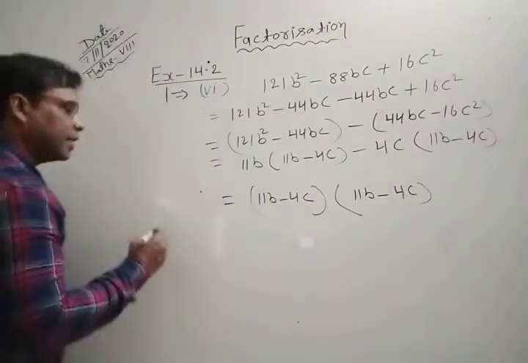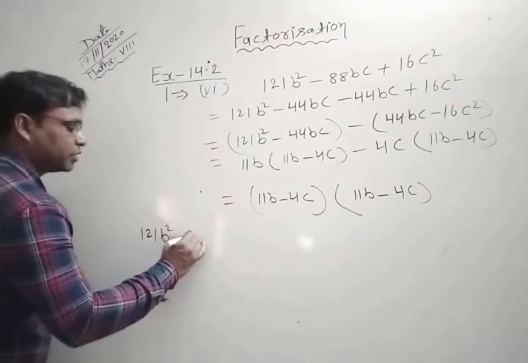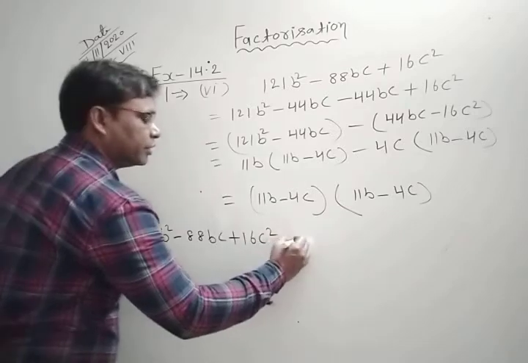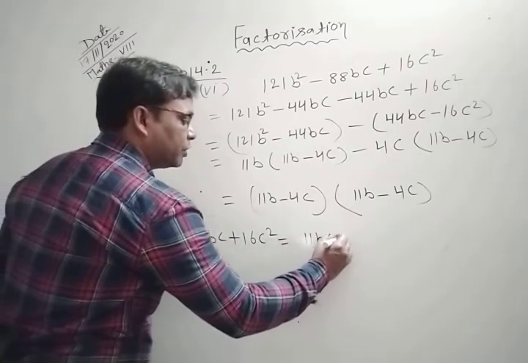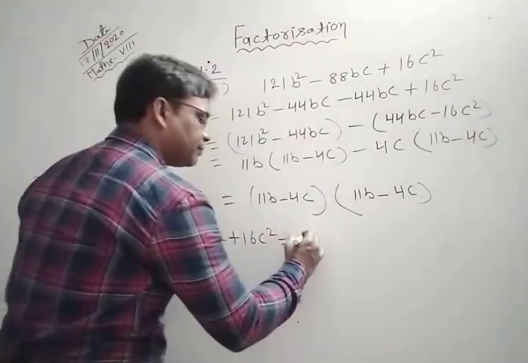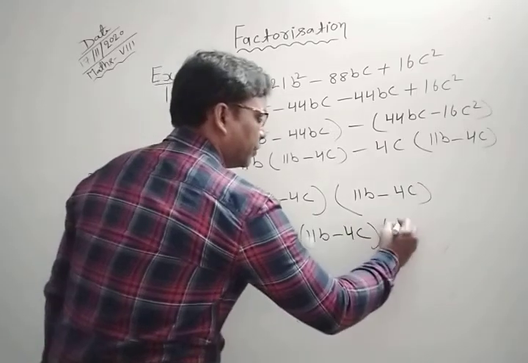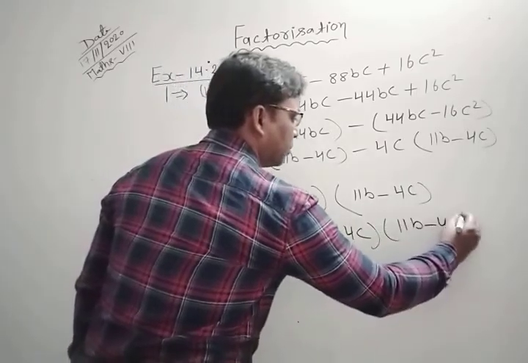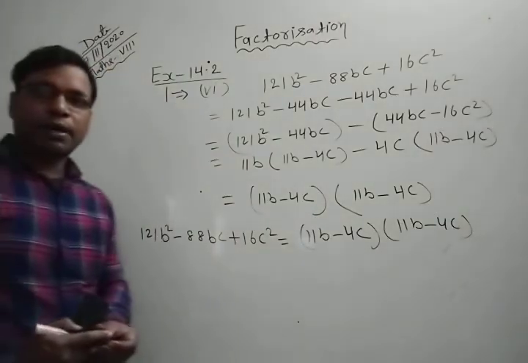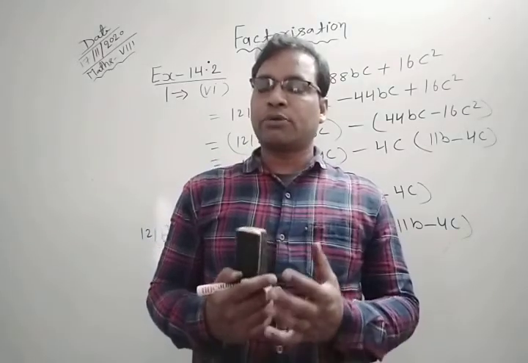The factors of 121b square minus 88bc plus 16c square are 11b minus 4c into 11b minus 4c. So students, I hope all of you understood these factors, this part of question number 1.